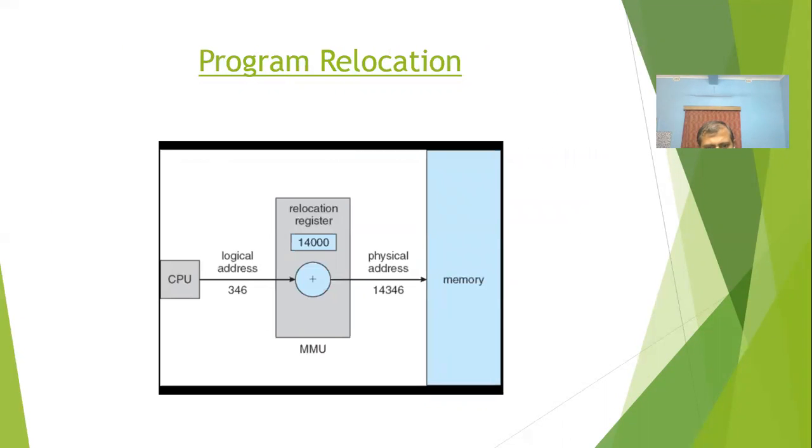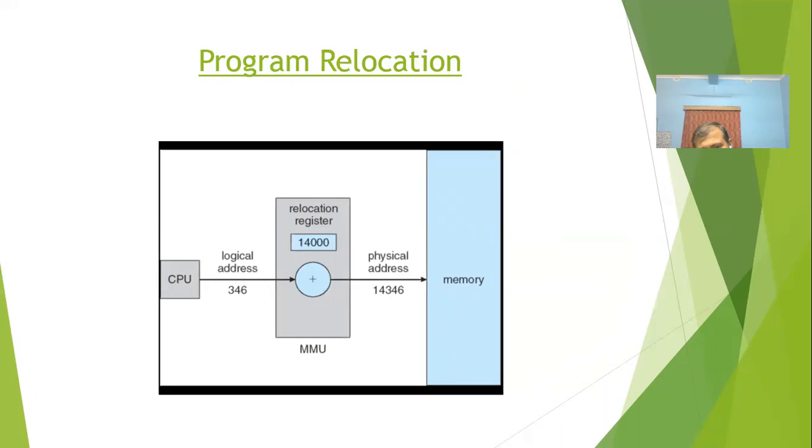Now, if you go through this particular slide, you can see that the logical address is being generated by the processing unit. A relocation register is there, and it's part of the memory management unit, the MMU. The relocation register contains some base value. So combining the logical address with the base value, we are ultimately getting the physical address as shown in the diagram here.